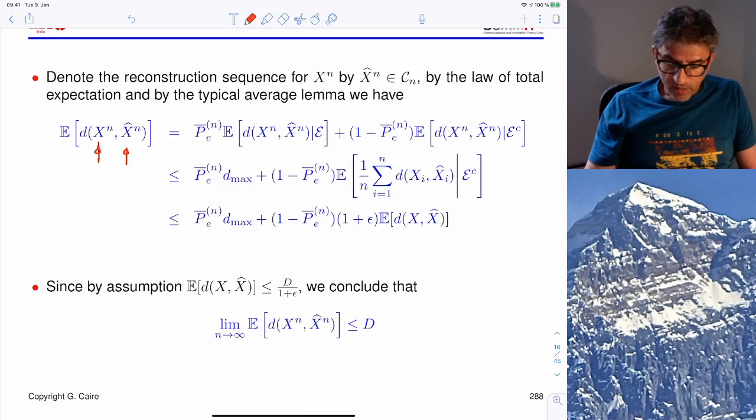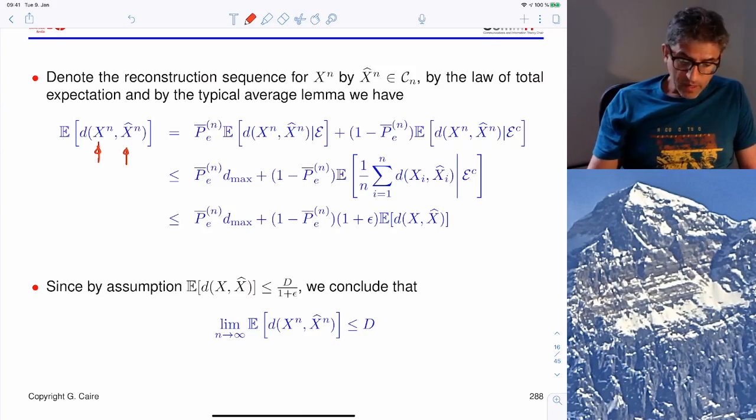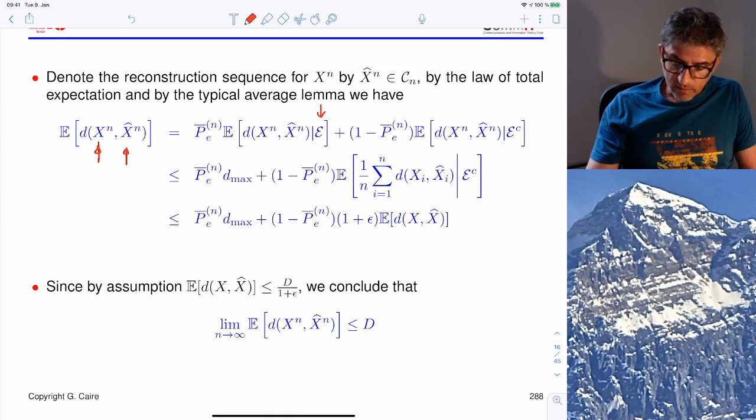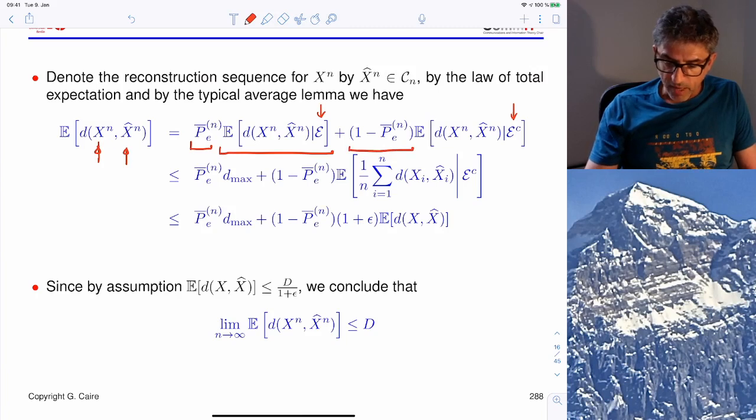And now we can divide this by conditioning on the error event and the complement of the error event. So we have here the probability of error times the conditional distortion given error, and then 1 minus the probability of error times the conditional distortion given no error.